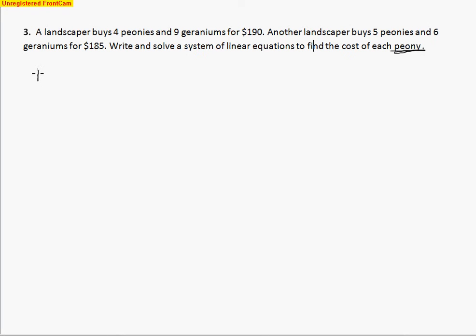Let's go ahead and define our variables. We'll say P equals the cost of a peony and we'll say G equals the cost of 1 geranium.